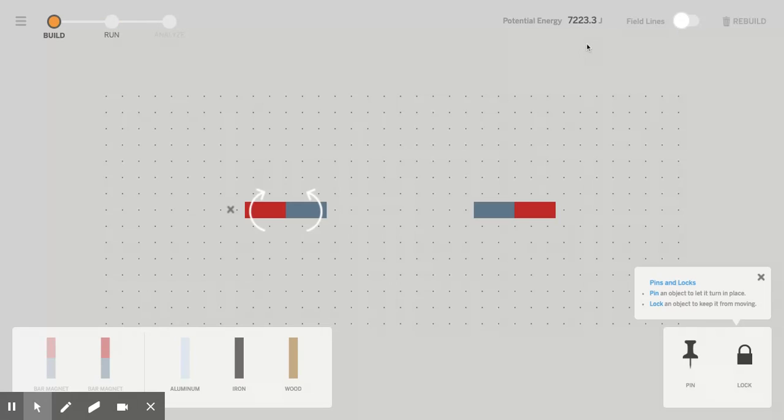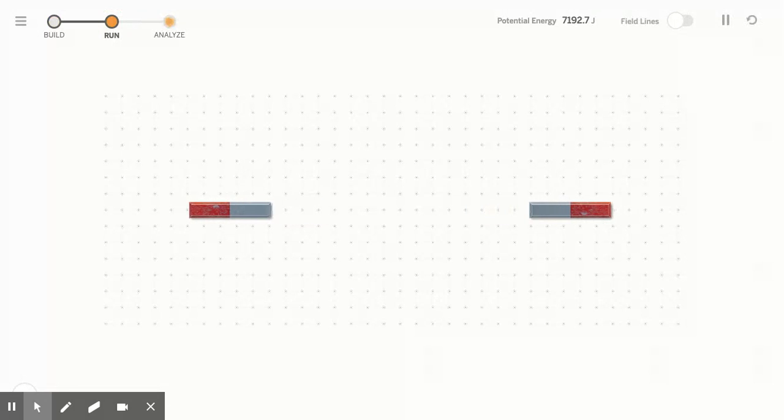Let's get that in your data table. And you can always hit pause. Let's run again. And they're moving more slowly. And it looks like our ending potential energy again is the same. Interesting. Let's run that again.